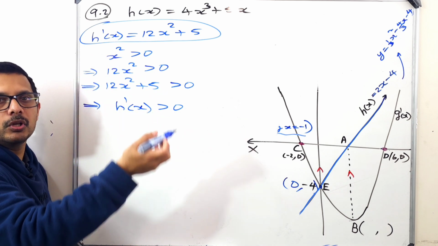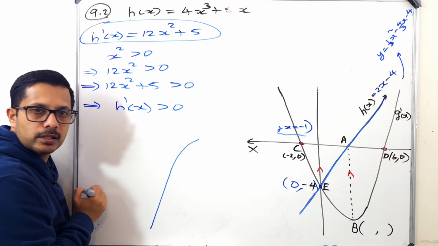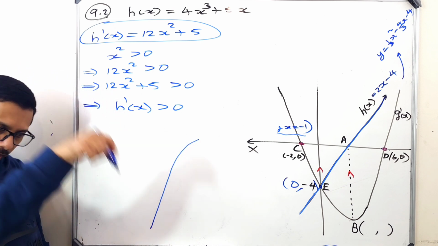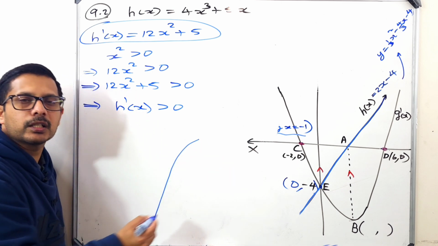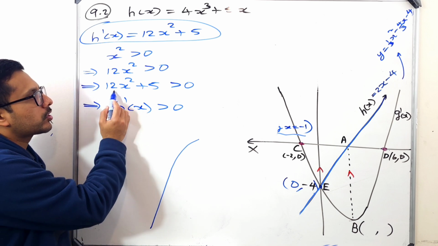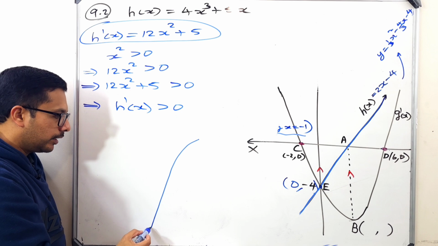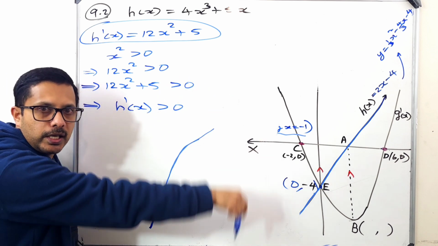First derivative always positive means the graph is only like this. Do you understand, guys? The graph is not going down. If it is going down, then we can say that the first derivative is less than 0. But here the first derivative is always positive, so the graph is going only up, not going down.